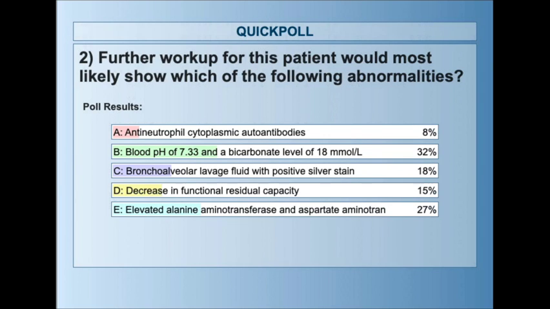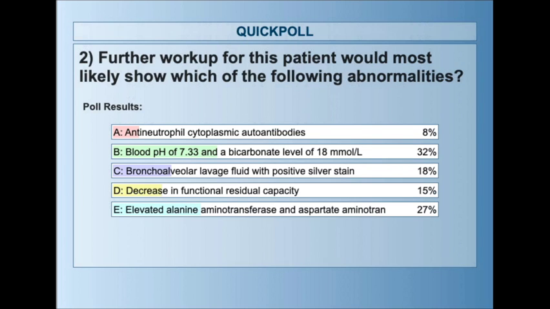This is a fairly even breakdown. Almost a third of you chose B, blood pH of 7.33 and a bicarbonate level of 18. In second place was E, but also got some votes for choices C and D.